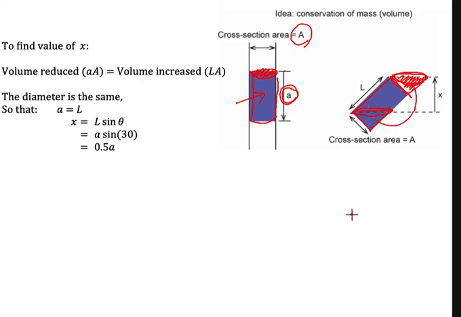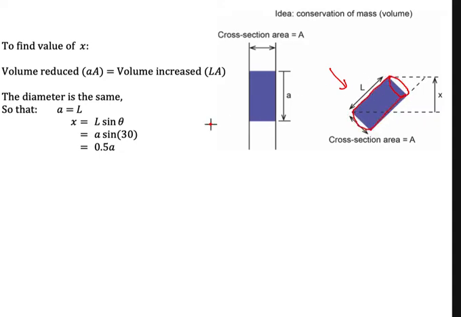So the inclined area, if we cut it here and top it up here, will become a cylinder inclined at a certain angle. We could calculate the volume of this inclined cylinder, which is the cross-sectional area multiplied by the L here.